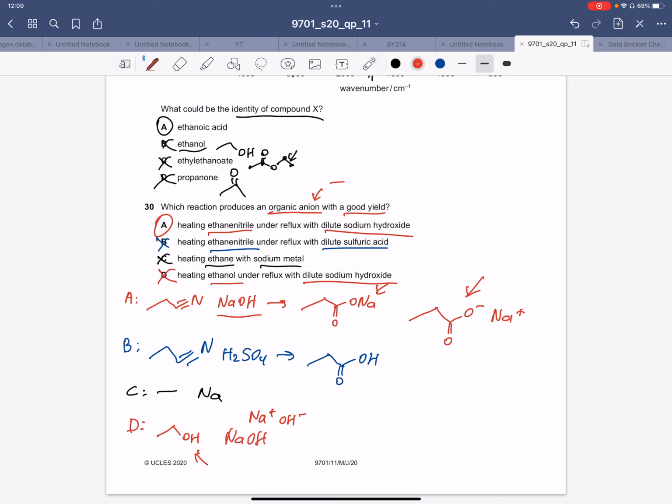So you're only really left between answer choice A and B, and the answer will be A because answer choice A is under basic conditions, so it's going to ionize and deprotonate. It's going to form O minus and Na plus, in comparison to this one, which is under acidic conditions. It won't form this because it is in an acidic condition of a low pH. So answer choice A is your correct answer here.